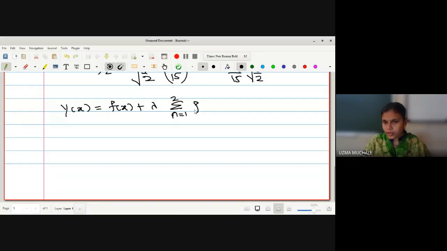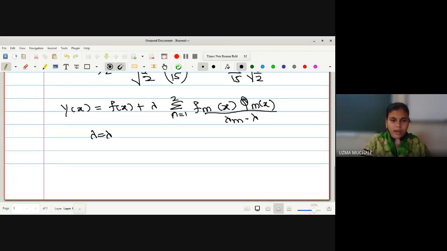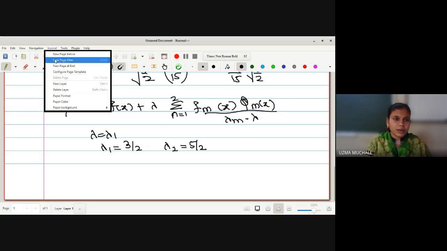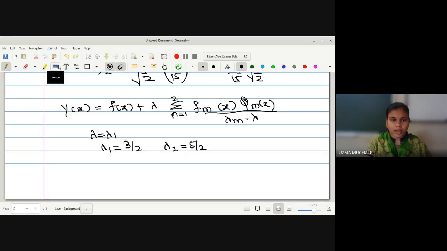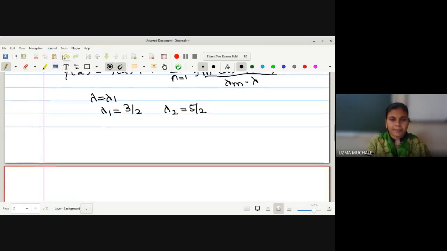So what is the value of R of x, t, lambda? It is f m into phi m of x divided by lambda m minus lambda. Okay. But in this case, what we can say is lambda is equal to lambda 1, right? What is the value of lambda 1? It is 3 by 2. What is the value of lambda 2? It is 5 by 2. That we have taken already in the last lecture. If you don't remember, please go back and check the values of lambda.